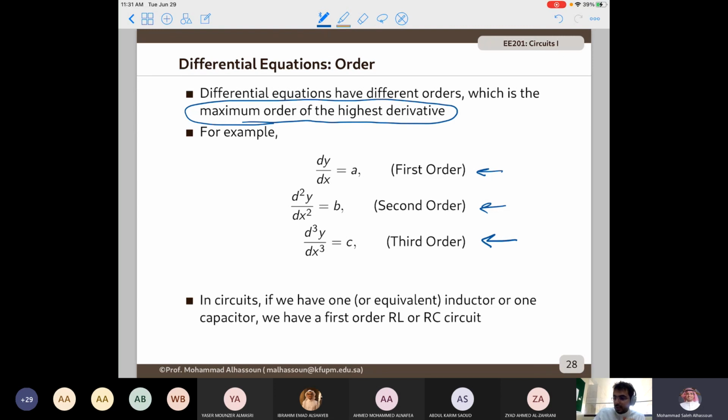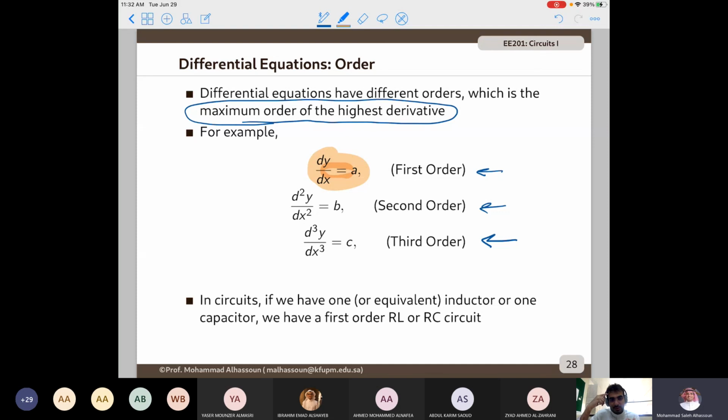And you can see, inshallah in the next lecture, that if you write the voltage or the current, it will be something like this. You'll have the derivative of the voltage equal to something. In the next chapter, for example, the second derivative of the voltage is equal to something.